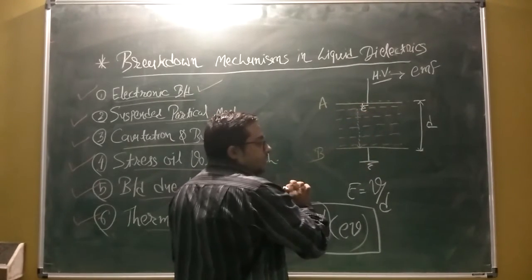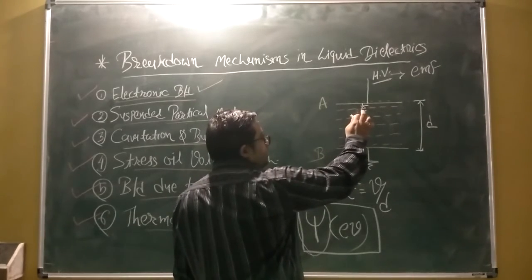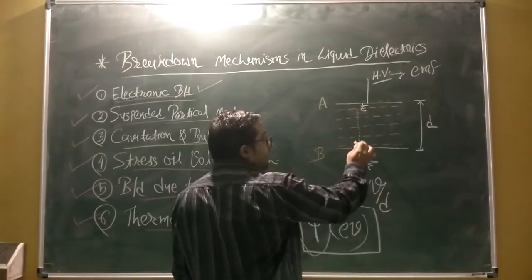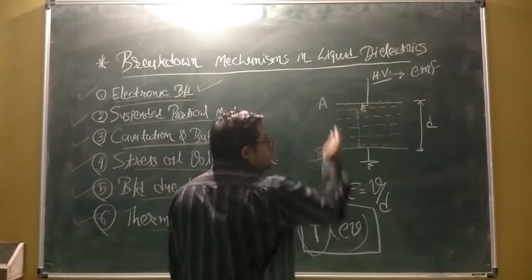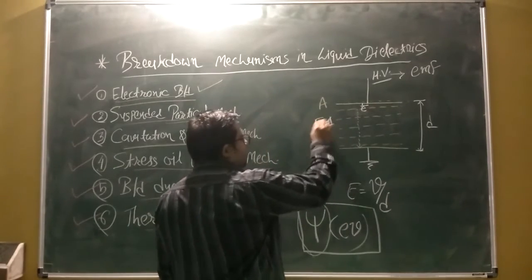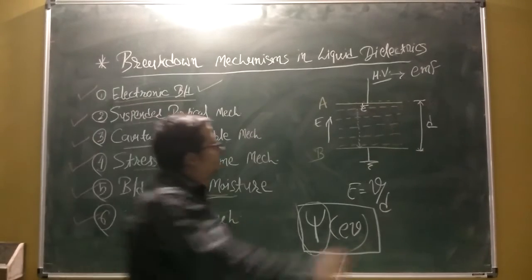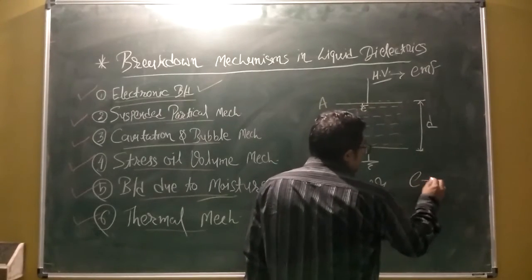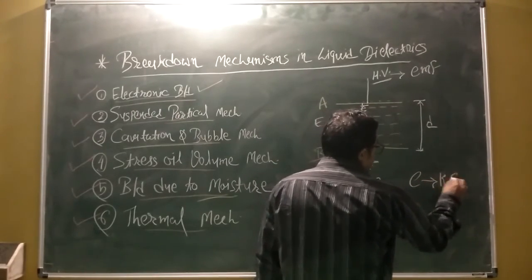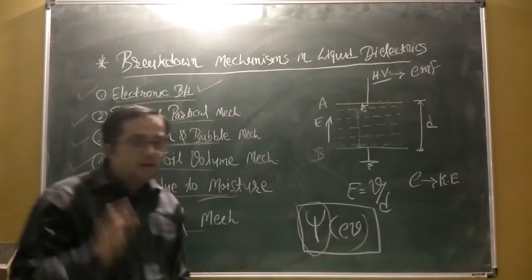B is the target electrode. So now the electron is moving towards the target electrode against the electrostatic field. The electron has kinetic energy, so it has a motion.